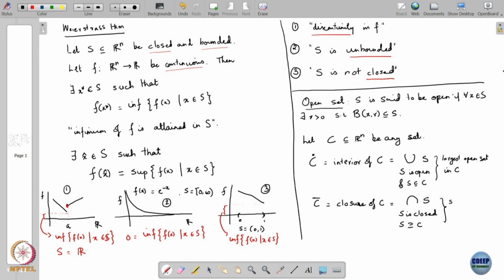So, it is the smallest closed set containing C.